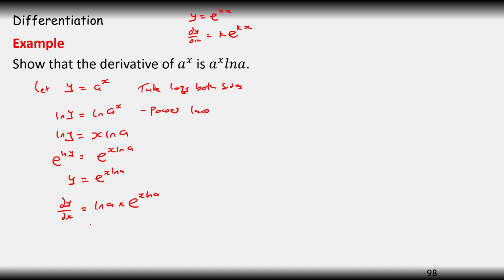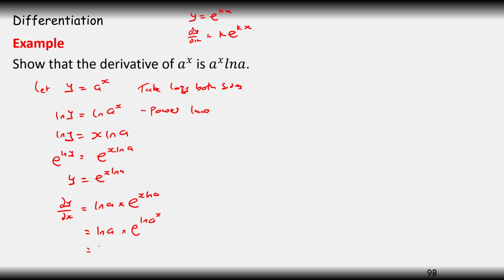Okay. Now I'm going to use my power law again. This is equal to log of a times e to the power of log of a to the power of x. So I've used my power law the reverse way. But now I know that e of x and log of a are inverses, so they cancel each other out.